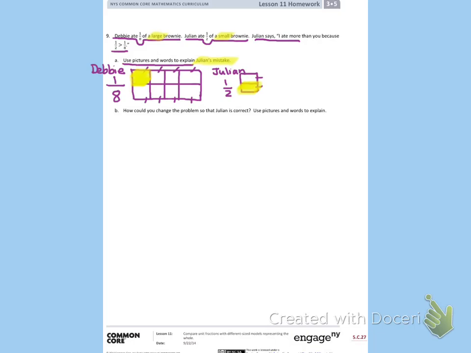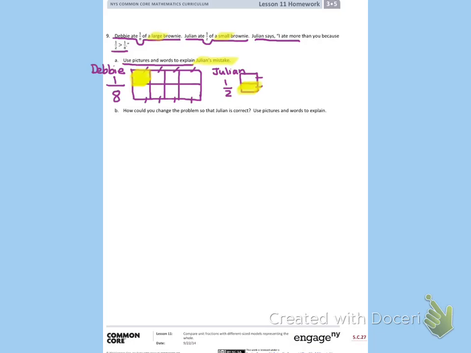Now you can see in this case that the size of the brownie makes a difference. It's not okay to compare a large brownie's piece with a small brownie's piece because even though Julian ate half of his, it's still a smaller piece than Debbie's because he started with a small brownie to begin with.